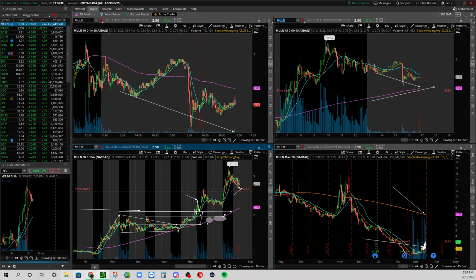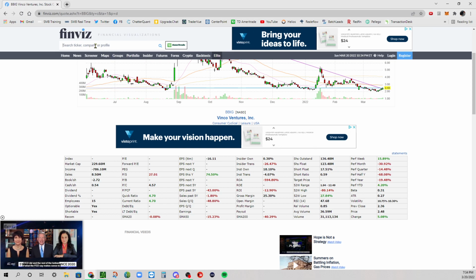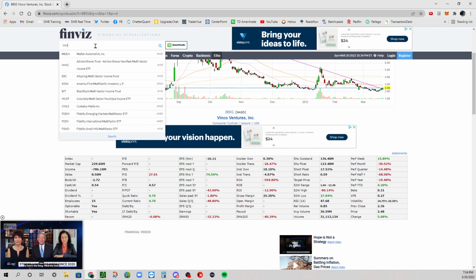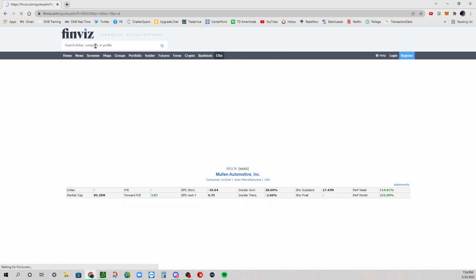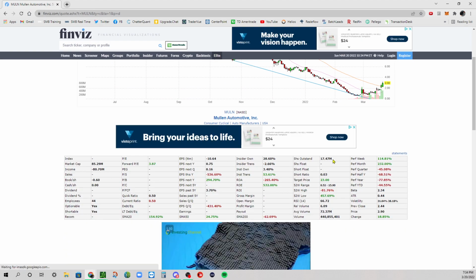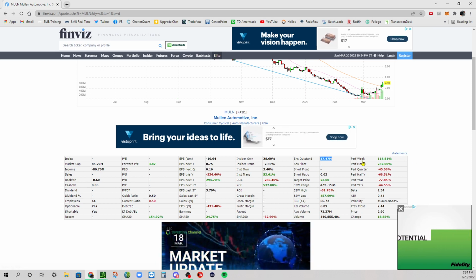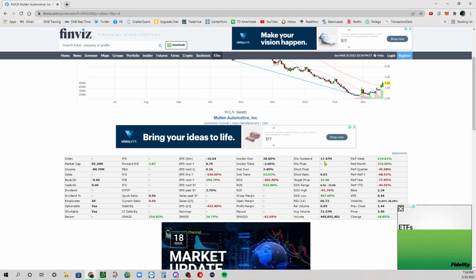And let's take a look at the float as well. Where'd it go? Here we go. What was this? MULN. MULN. Ooh, yeah, nice. Shares outstanding, 17.4 million. It doesn't show the float, but that's pretty decent. That's low enough.